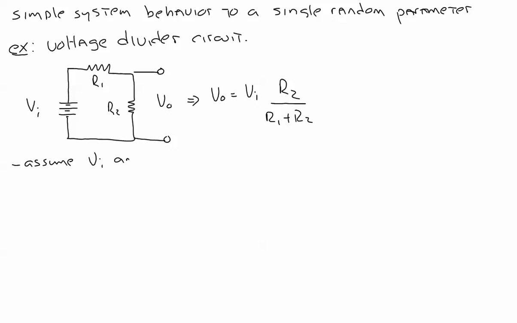All right. So what we're going to do is assume Vi and R2 are fixed, but that R1 has randomness associated with it. My resistor R1 has an uncertain resistor value. R1 is random.